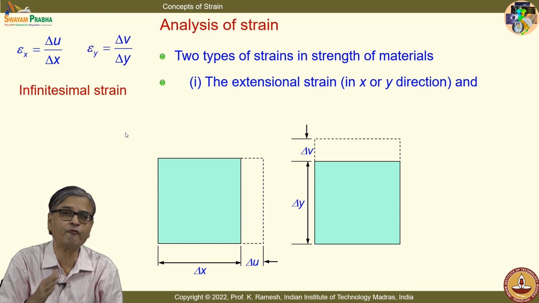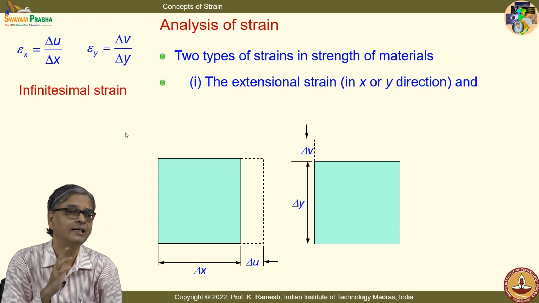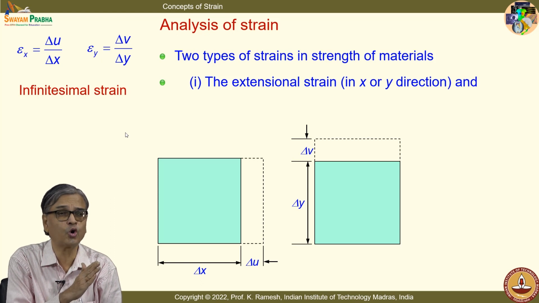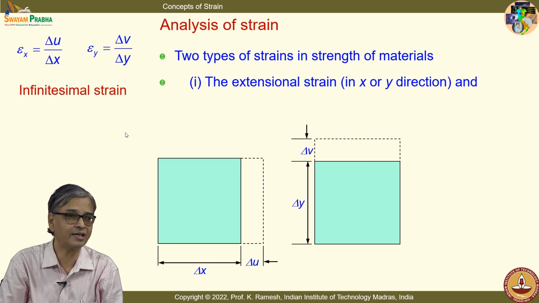We are talking of very small values of deformation. We have already said in the beginning of the course, we will confine our attention to small deformation. That makes our stress-strain relationship linear, and it also gives a host of other advantages. So you should never forget that we are dealing with extremely small quantities.